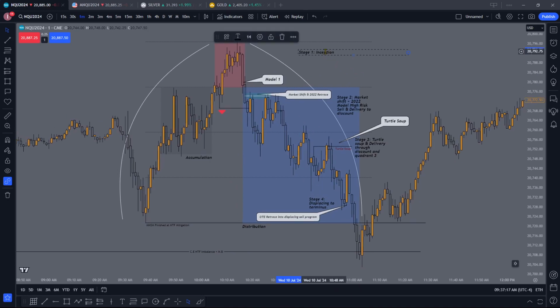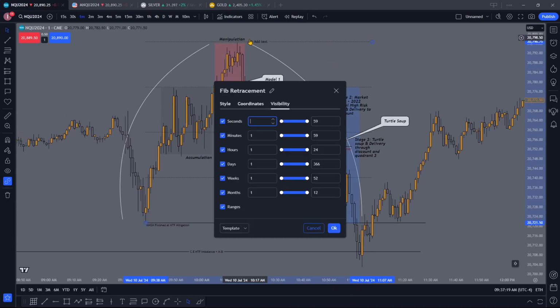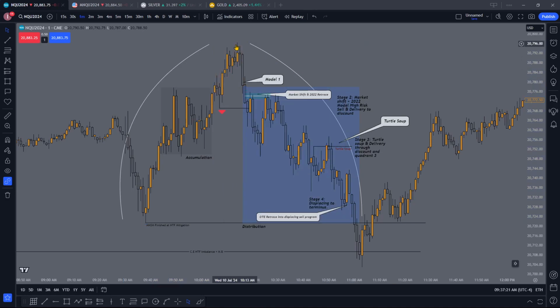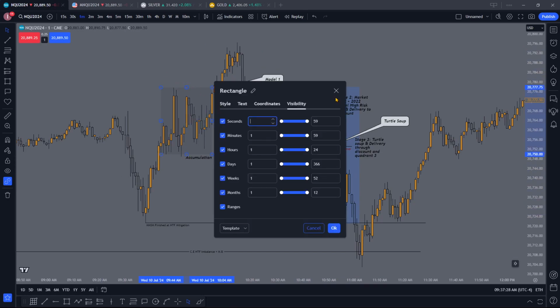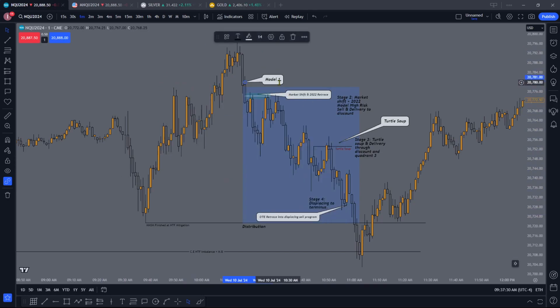So that's basically the sell model that occurred on Wednesday, 10 July 2024.